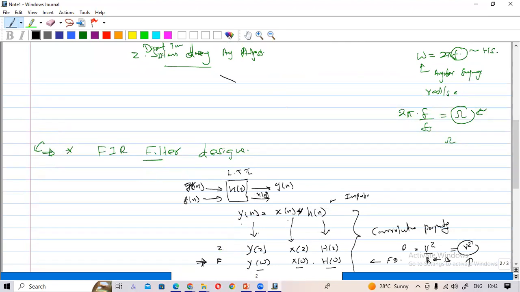Those are frequency selective filters. Remember that. That means the filter is operating between a specific frequency range, and this range we call the pass band.